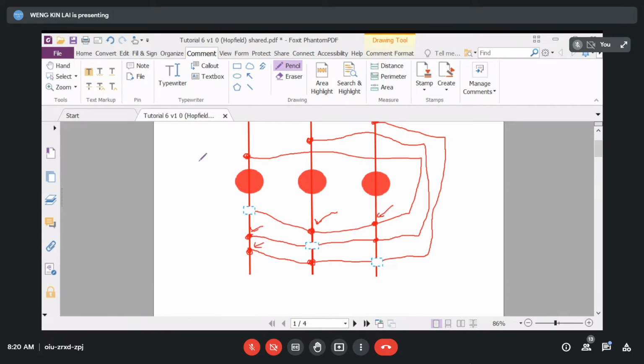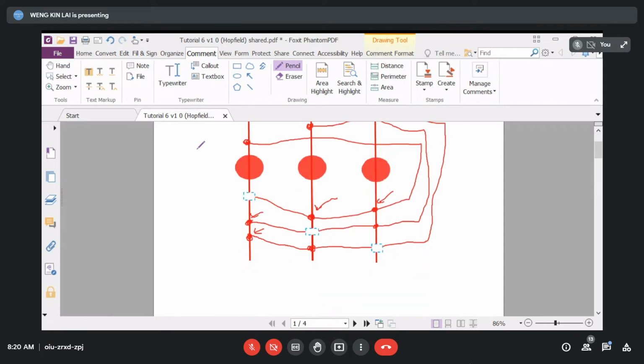To help you calculate, the weight between i and j will be a summation over the input i, input j, input i for pattern A.